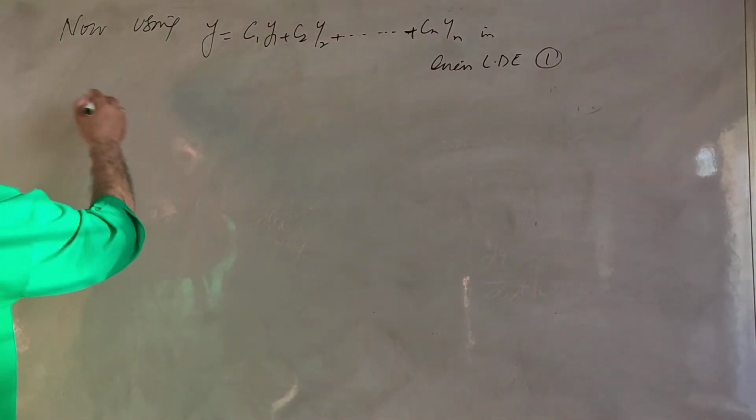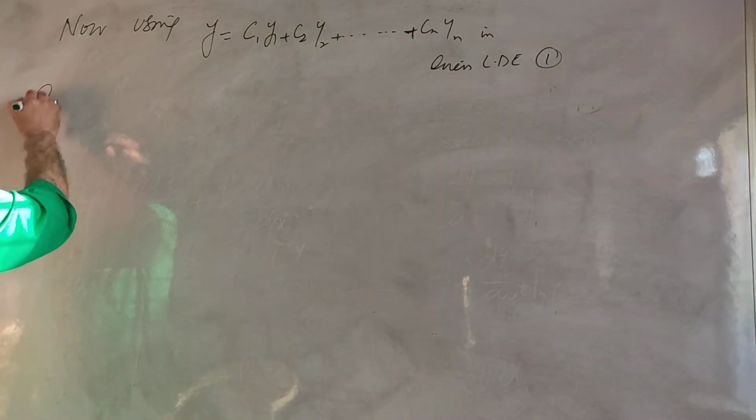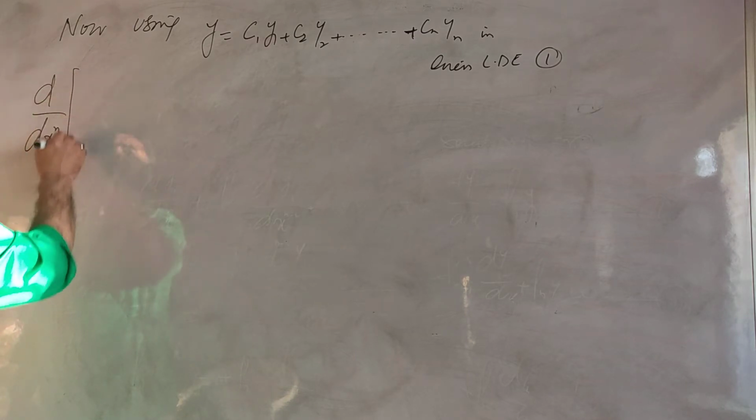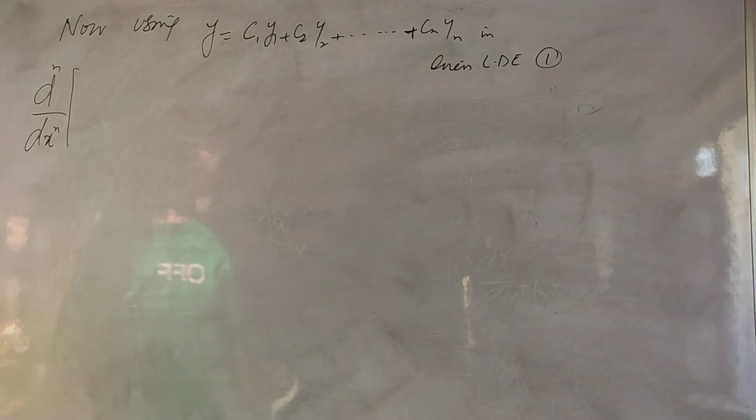You see how when we use it, it gives you the nth derivative, d^n/dx^n.